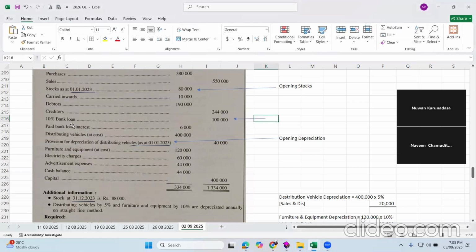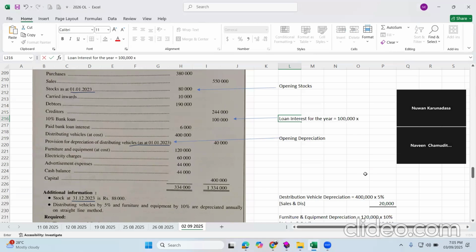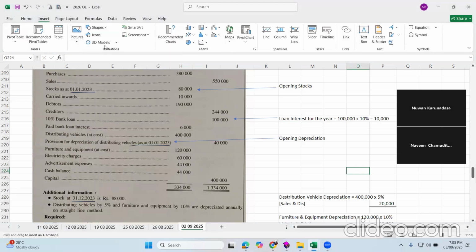If the interest rate is 10%, the loan interest for the year should be 100,000 into 10%. Loan interest for the year should be how much? 10,000. But when you see this trial balance, the interest that has been paid is how much?